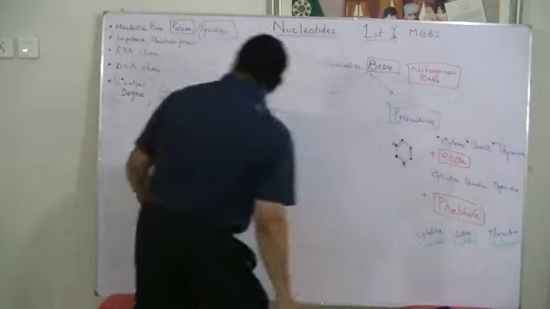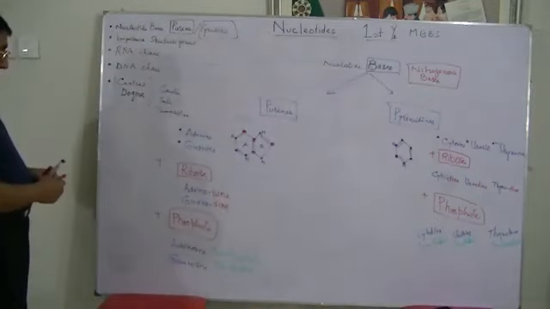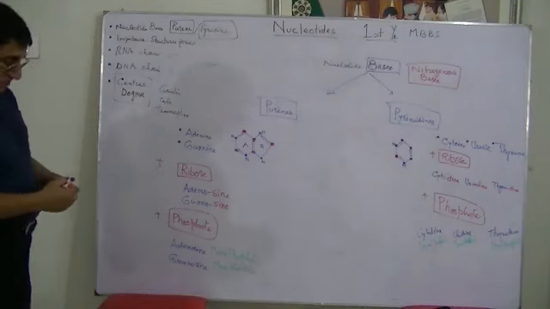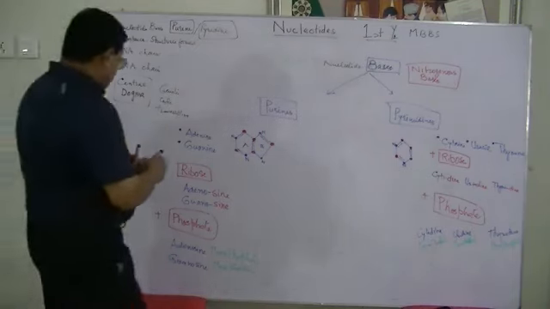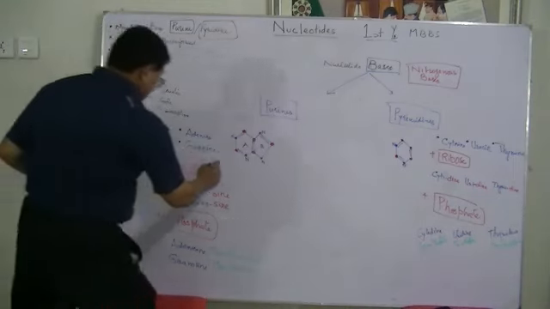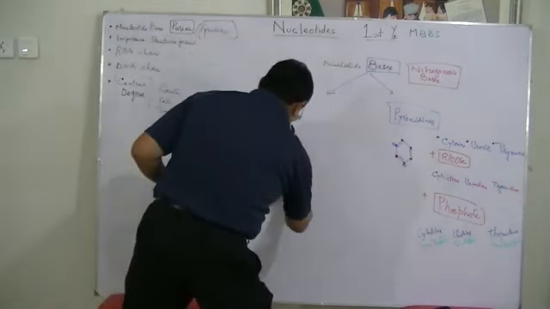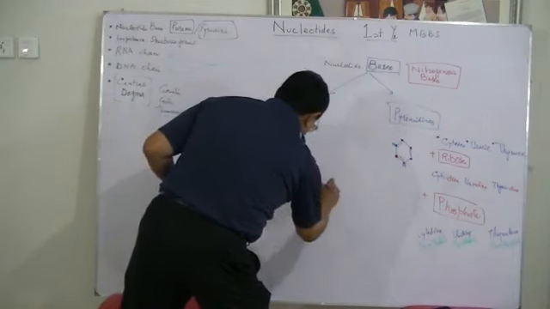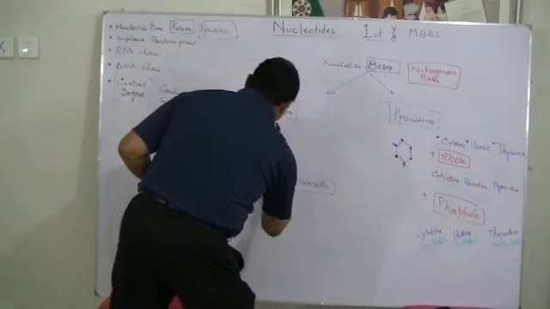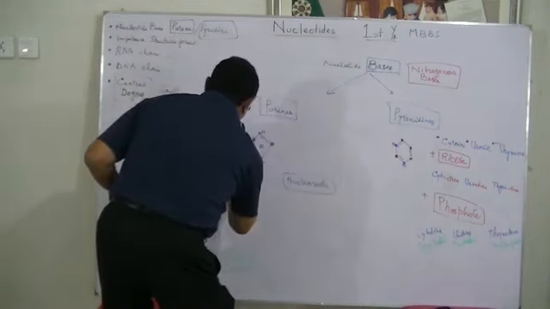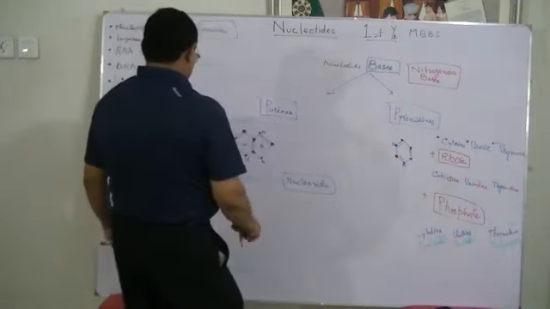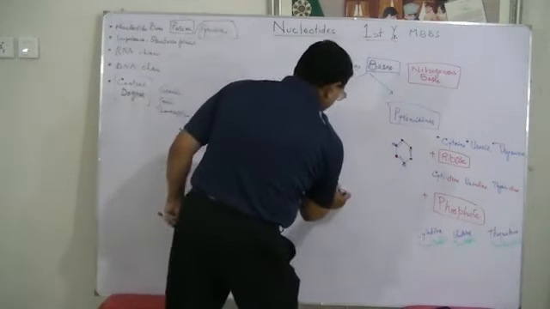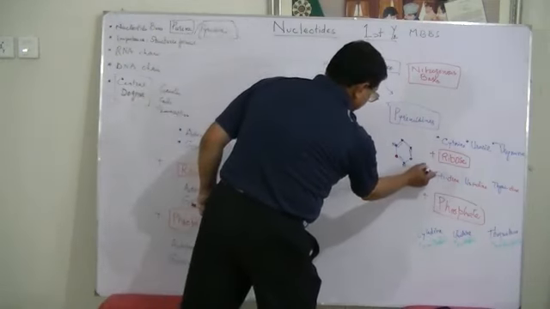Now, adenine, when it attaches to ribose, then it is called a nucleoside. It forms a nucleoside. When ribose are attached, nucleosides are formed. Similarly, this one is a nucleoside.